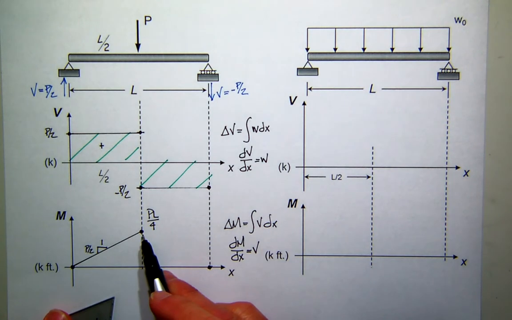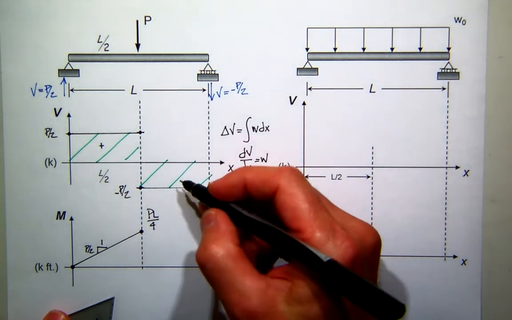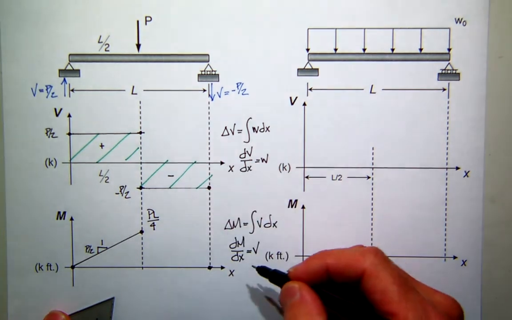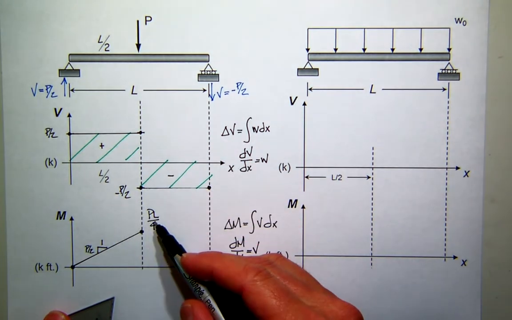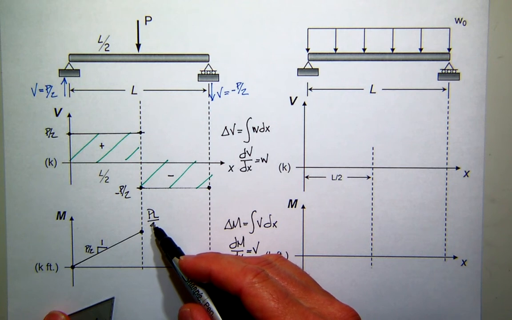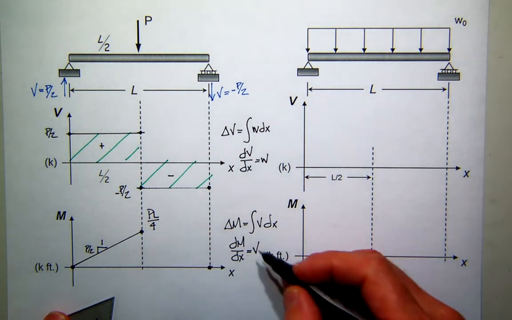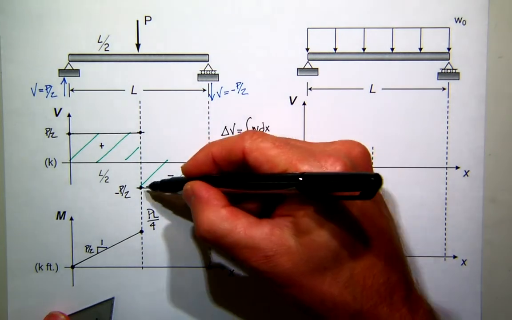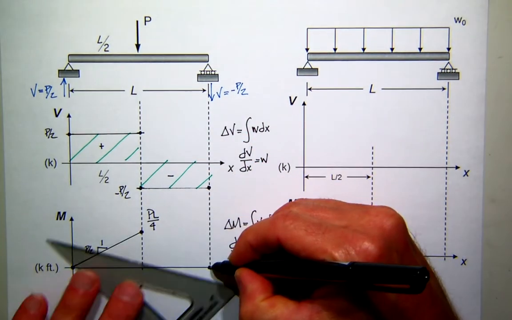The change in moment from L over 2 to L is this part of the curve, which is what? It's a negative area. L over 2 times P over 2 is this. So positive minus the negative, 0. And the slope is equal to the shear, and the shear is constant, and it's negative.